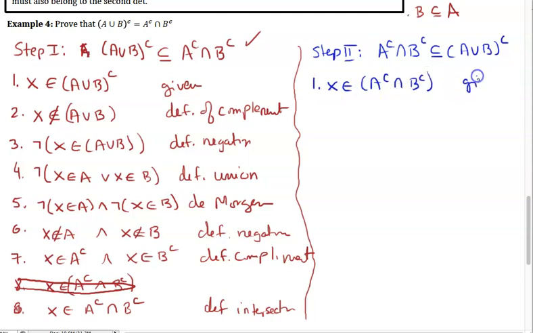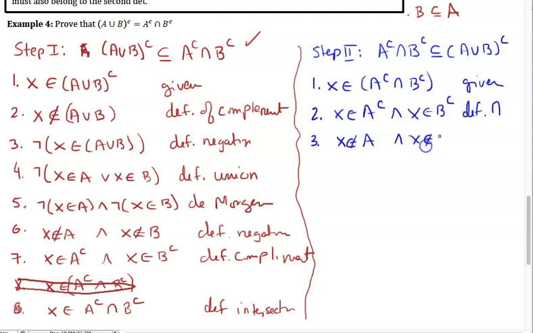This is given, that's the start. That means that X is in A complement and X is in B complement. That's the definition of an intersection. This means that X is not in A and X is not in B. That's the definition of what a complement is.